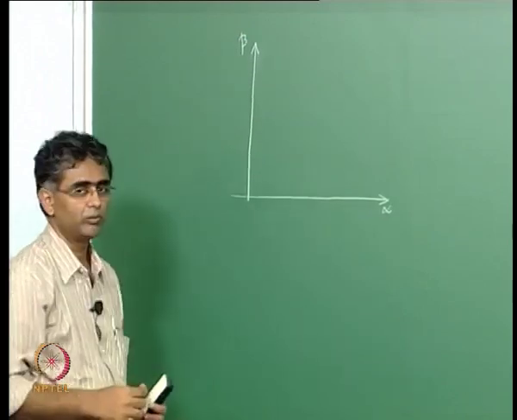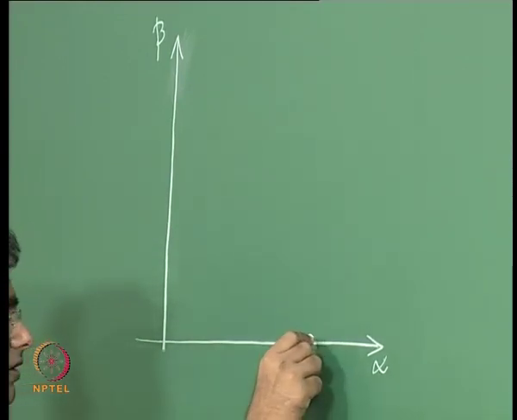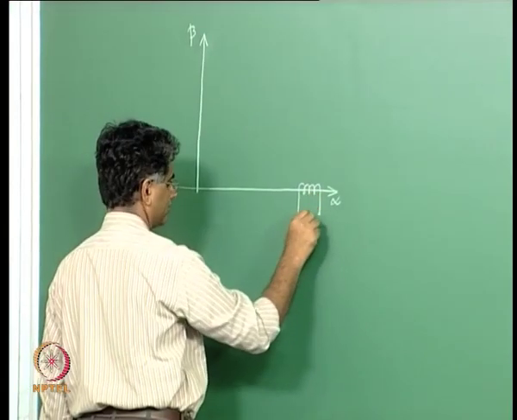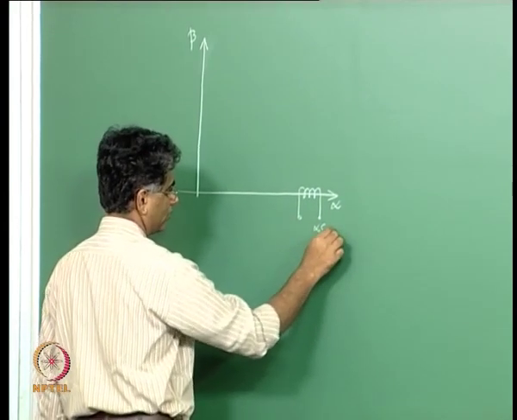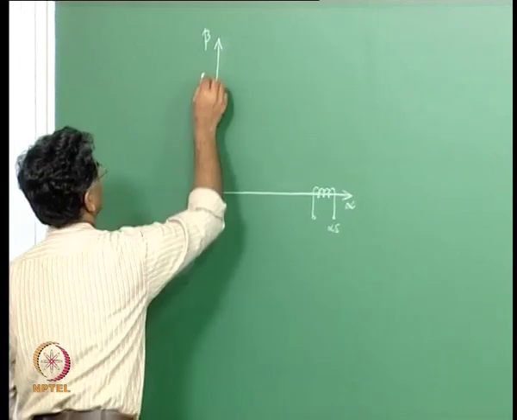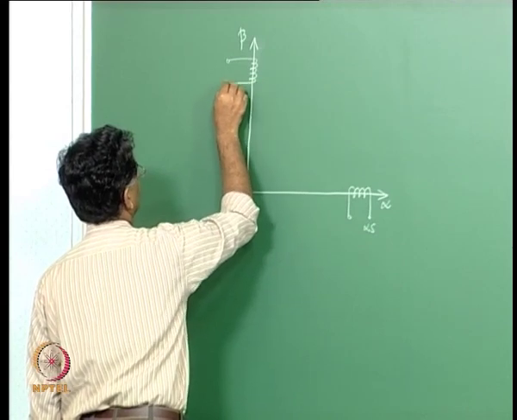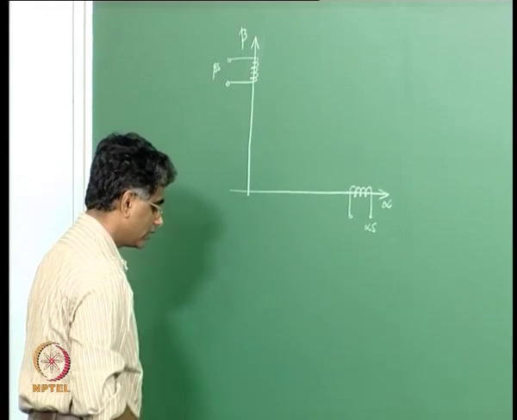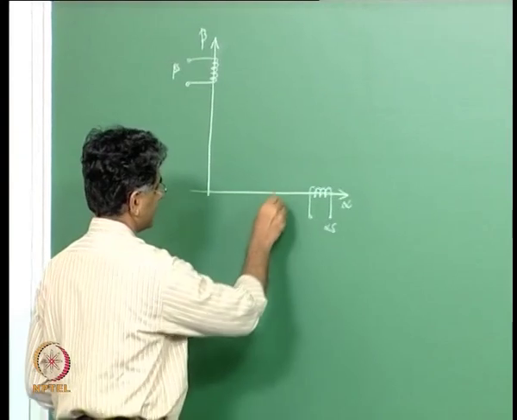The alpha and beta axes are both fixed to the stator and therefore they are stationary, and in this reference frame you have a stator excitation source, which you would call the alpha S coil, and then along the beta axis you have another excitation, the beta S coil, and then you have the rotor having been transformed to the stator side.